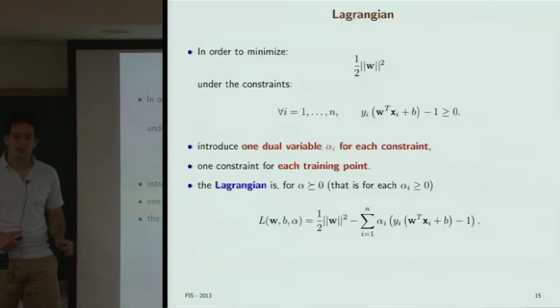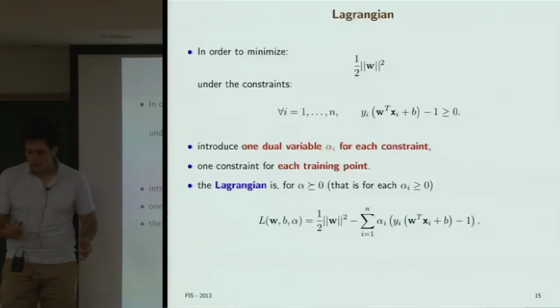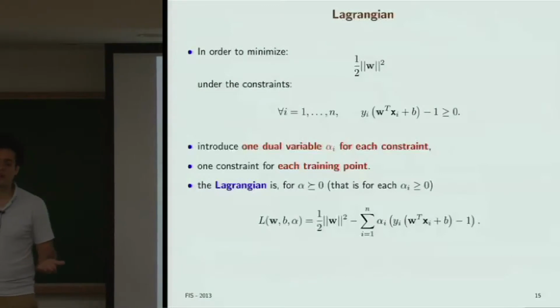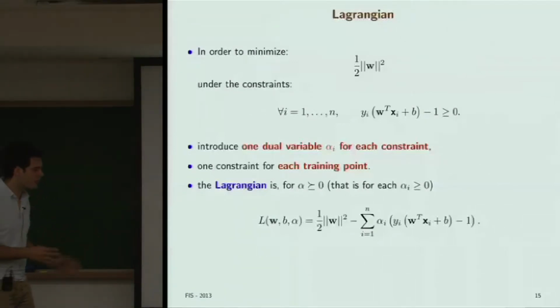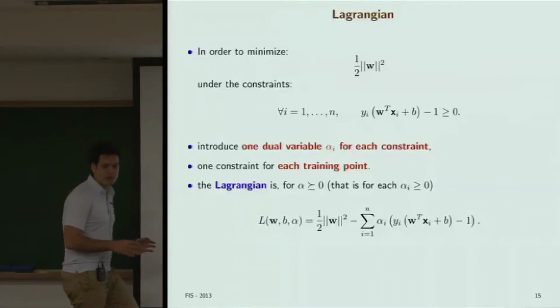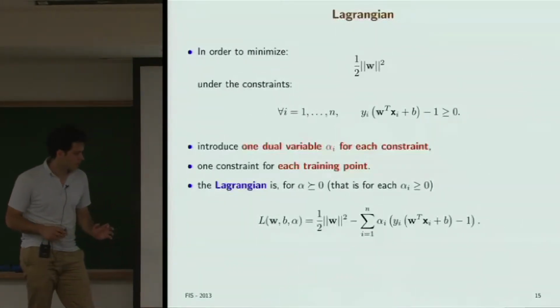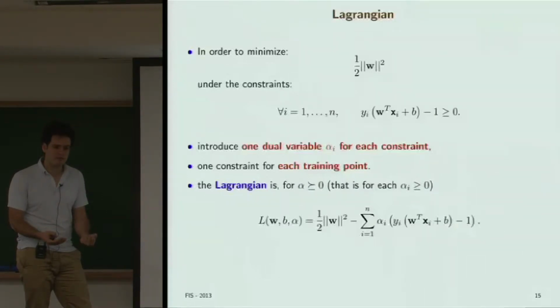Okay? If alpha i, on the other hand, is very low, or alpha i equals 0, then this constraint doesn't weigh upon the objective. Okay? So here I'm really trying to give you an intuitive perspective on duality theory. Each alpha i, each dual coefficient, is like a price that you have to pay for violating the constraint. Okay?